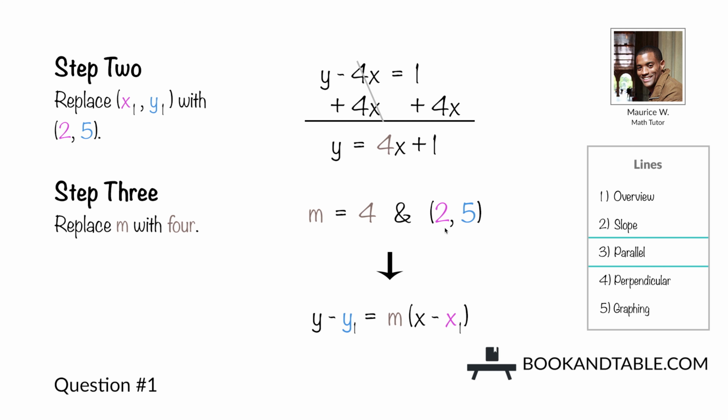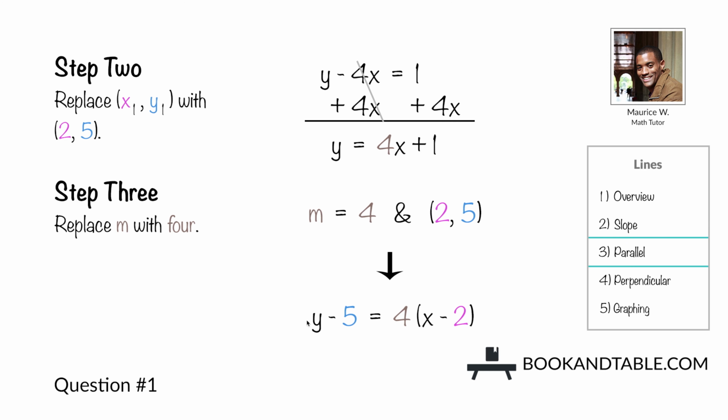And we know the point (2, 5) exists on that line. So we use the point-slope form with this information to find the equation that we're looking for. So step 2, replace x1 with 2 and y1 with 5. Step 3, replace m with 4.